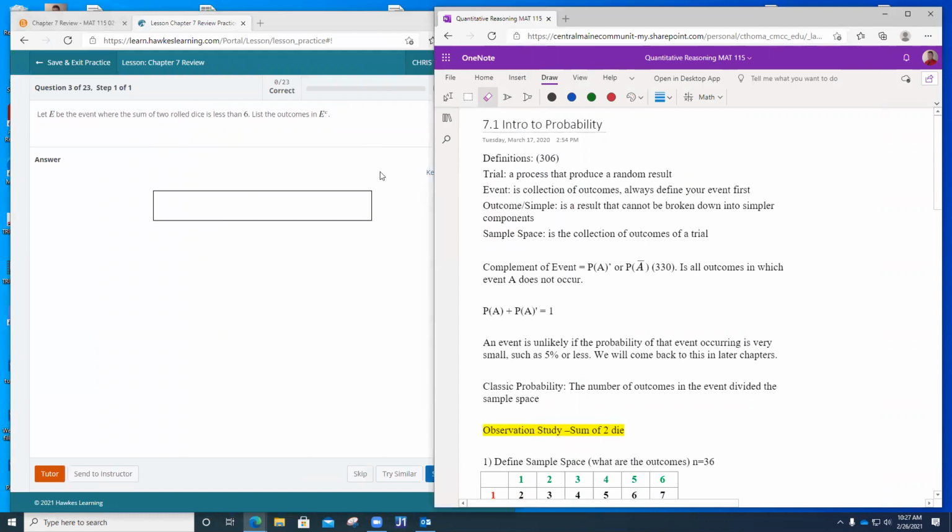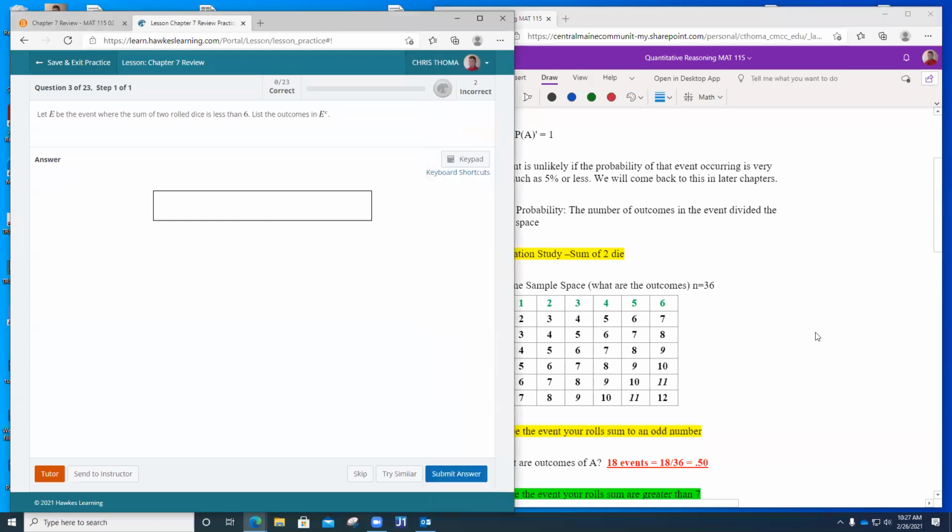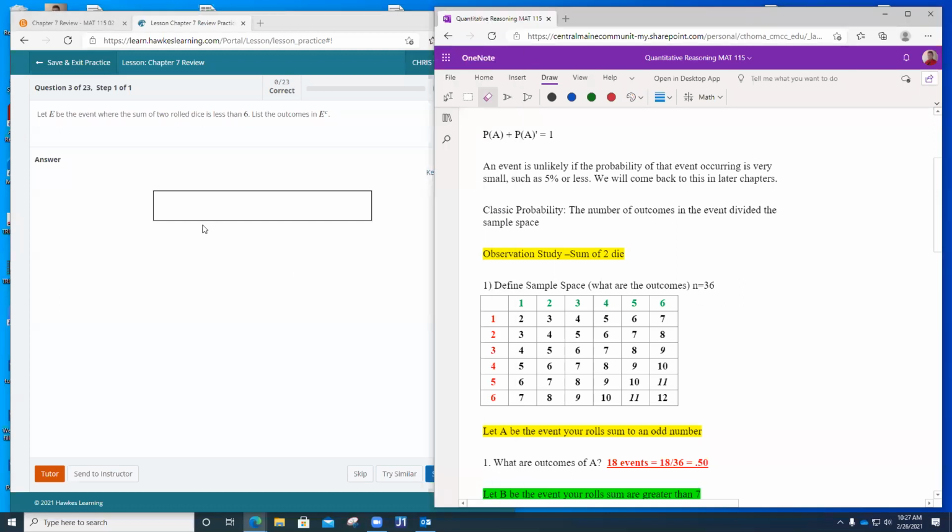So sum less than 6. Here, again, we did this in class. So here's all of our sums. So for our complement I've got to list all the outcomes that are greater than 6.